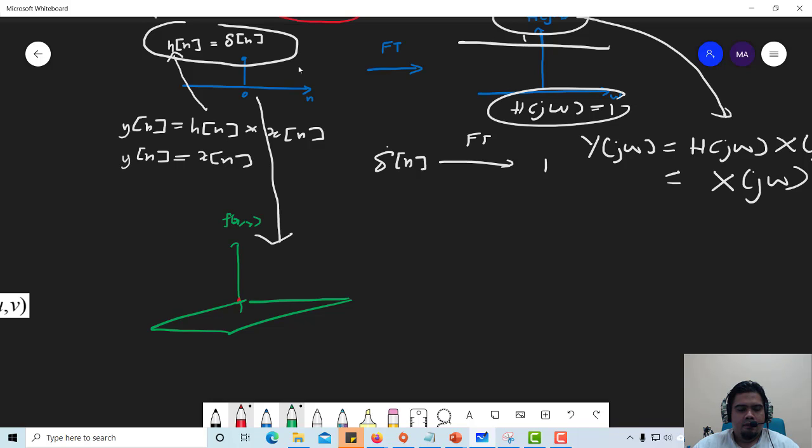There is one point at the center that should be 1, and the rest becomes 0. Just assume that you have the axes where this one is your x and this one is your y, and you only have one impulse at the center, at x equal to 0, y equal to 0. So this is how it looks like.